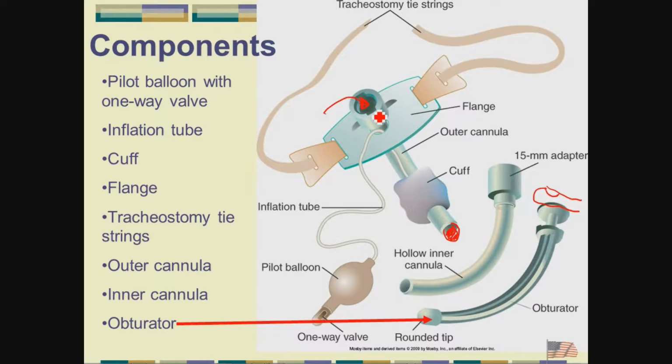So the obturator is to go through the opening or to push through the trachea? It's to push through the opening of the skin, to dilate the skin enough so that the tracheostomy tube can enter into the trachea. Once that's there, that obturator is no longer used. So why is that... Correct.